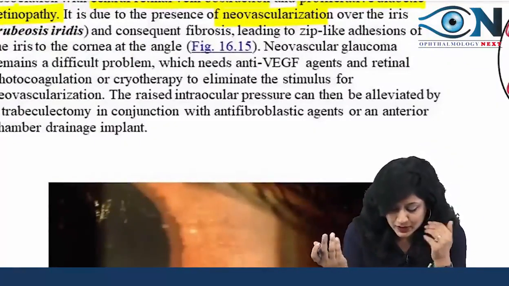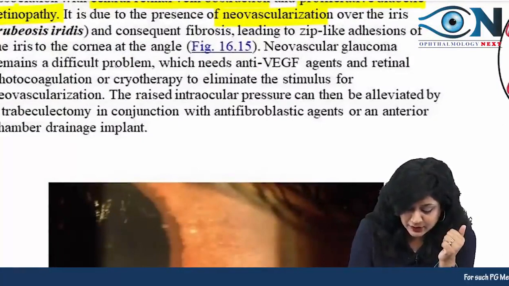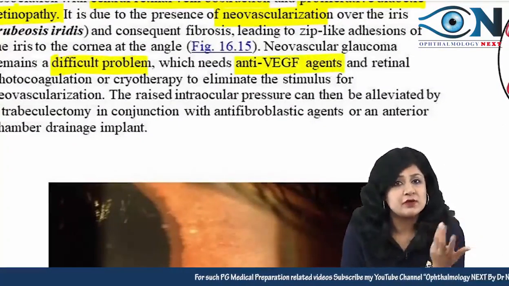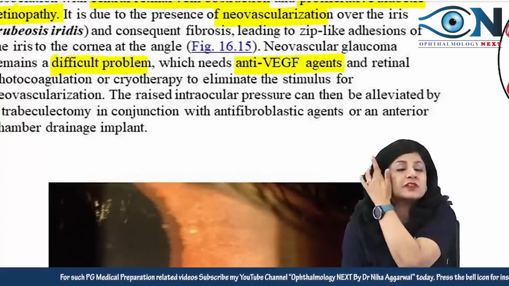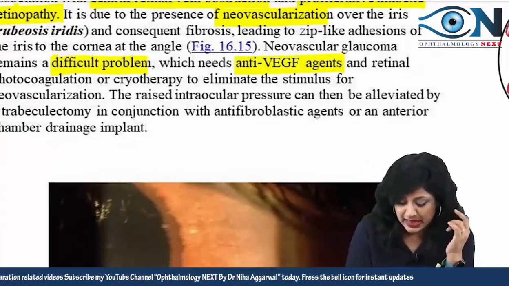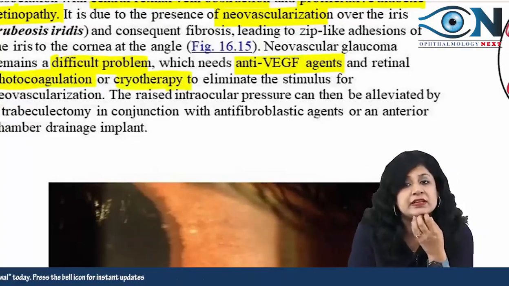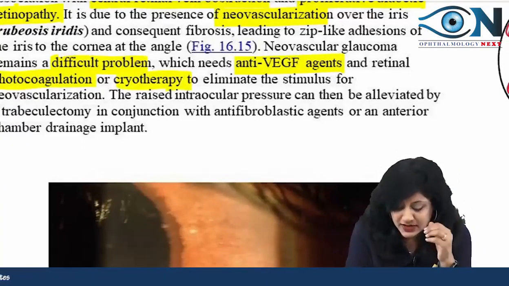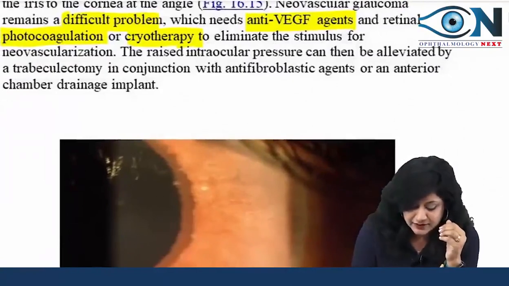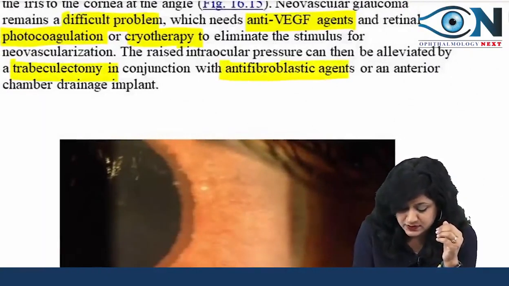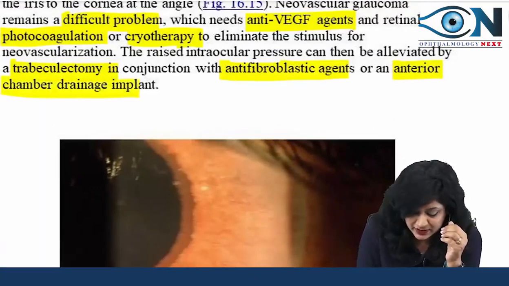Neovascular glaucoma remains a difficult problem, and we need anti-VEGF agents, because obviously neovascularization is occurring due to vascular endothelial growth factor, and we require photocoagulation, cryotherapy, all this to eliminate the stimulus, right? The raised intraocular pressure can then be lowered by a trabeculectomy in conjunction with antifibroblastic agents and an anterior chamber drainage implant.